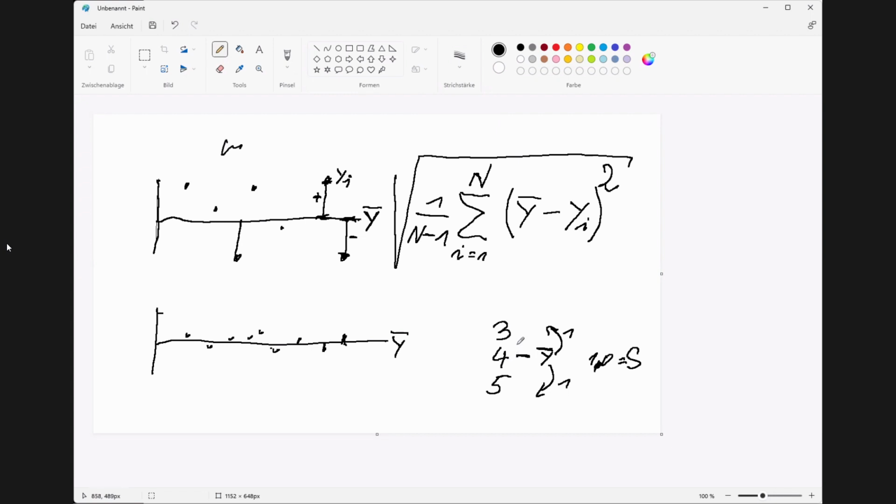And the comparisons to the first value is every time n minus 1. And what you see here, that's already the standard deviation. You powered by 2 the differences. You divide by the comparisons to the first measurement value.